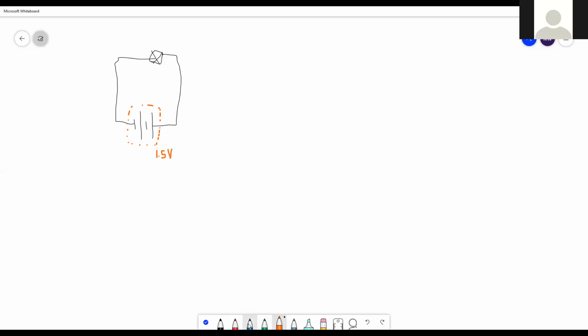Then you take a voltmeter, and on that voltmeter, it tells you that your battery only has a value of 1.2. So there's obviously a clear difference between what the battery tells you it has, and what the voltmeter tells you the battery is giving you in terms of potential difference.